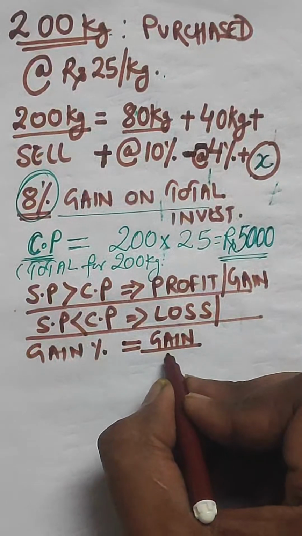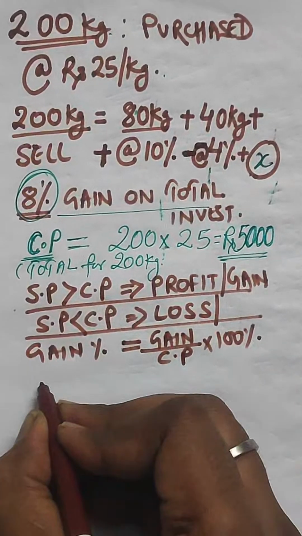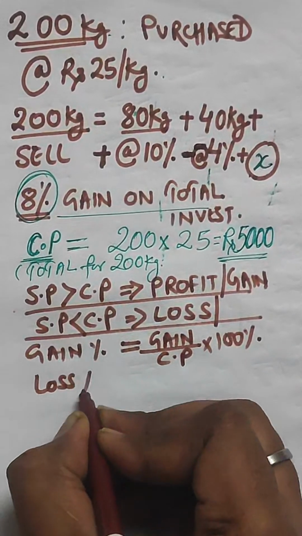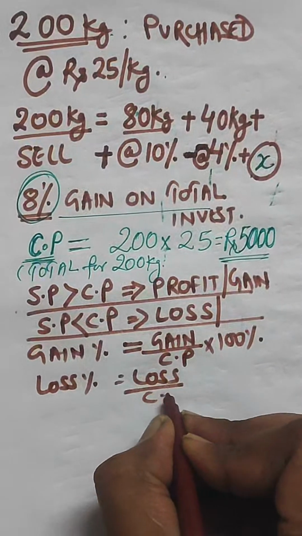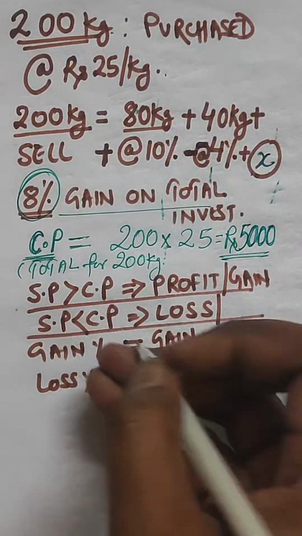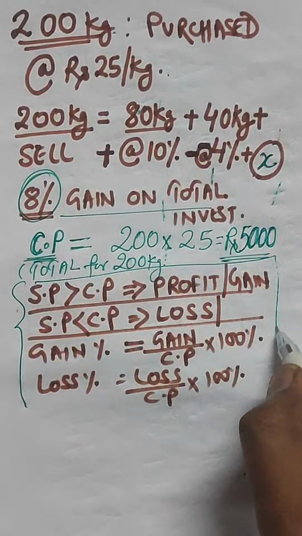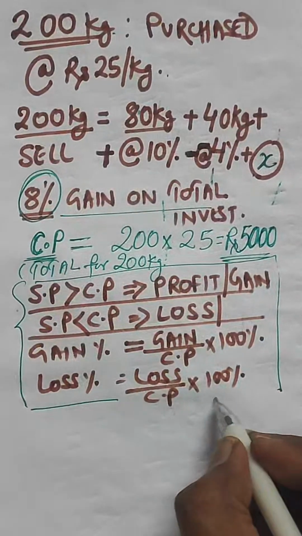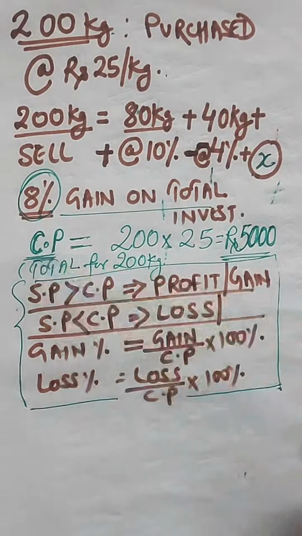So gain percent is gain by CP into 100, and loss percent is loss by CP into 100%. So we quickly recap these four formulas of profit and loss which you need to understand. Now we are going to the question directly.